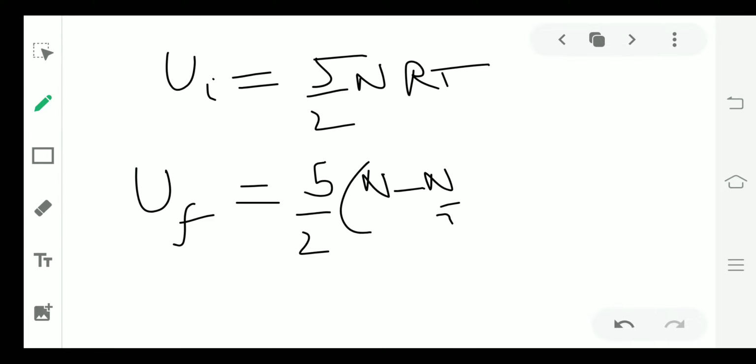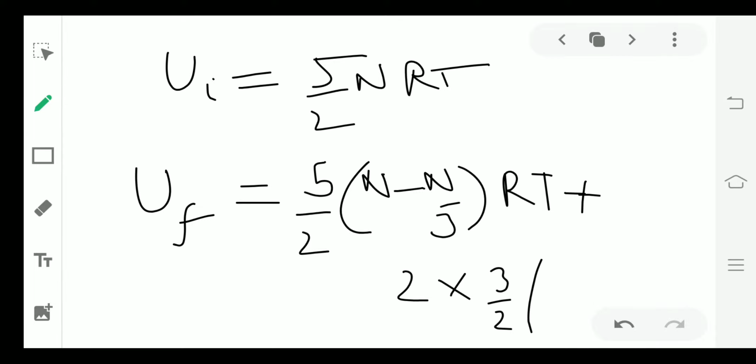These n by 3 moles which have been broken from the bond of diatomic will become monoatomic, so their number will double. So the number of moles is doubled and they become monoatomic. For monoatomic, the formula is 3 by 2 nRT. Here the number of moles is n by 3. These all n by 3 moles have become monoatomic and their number is doubled.